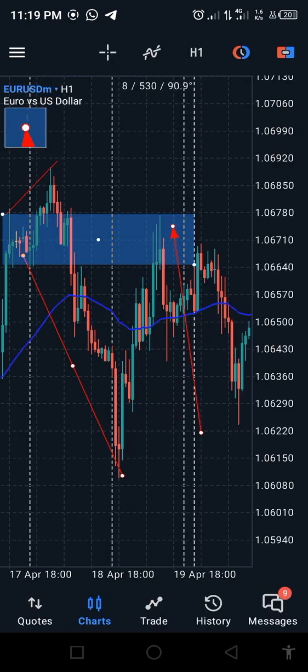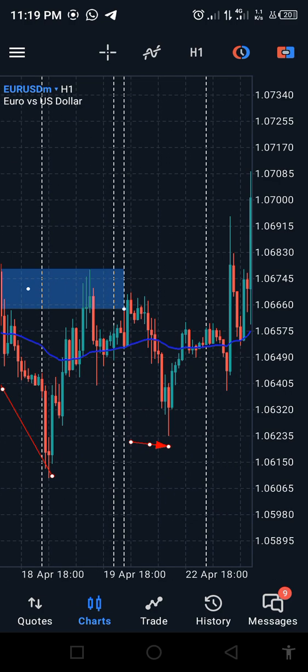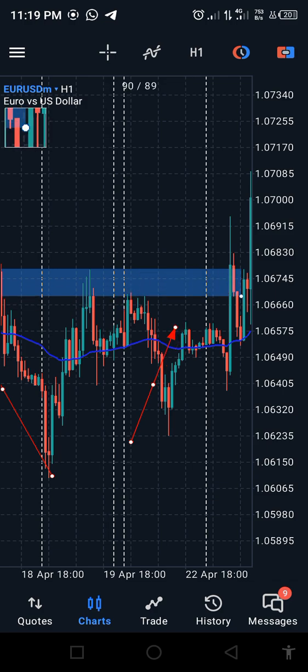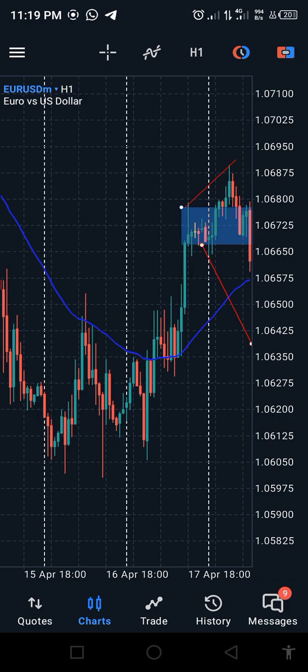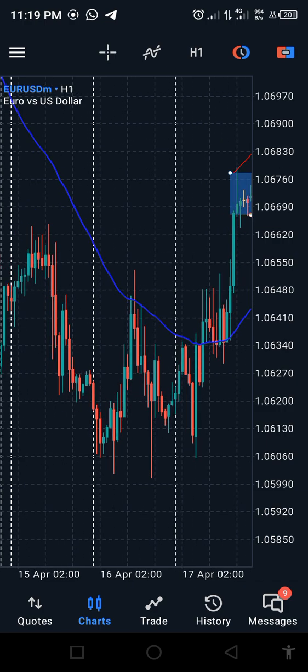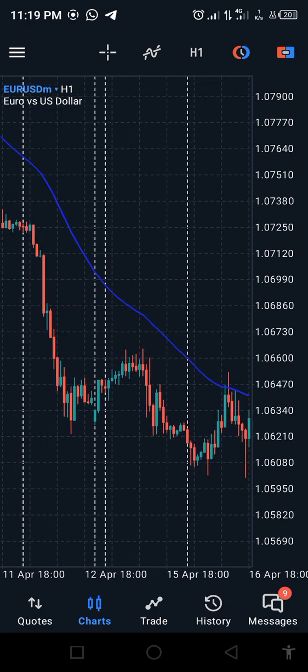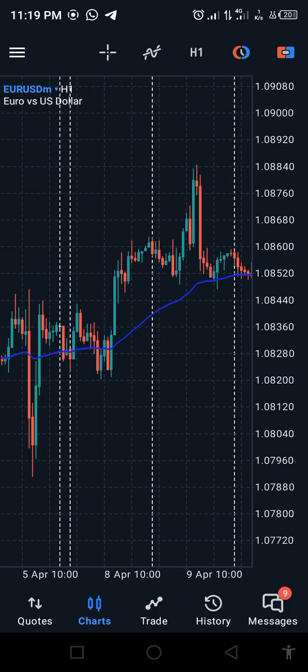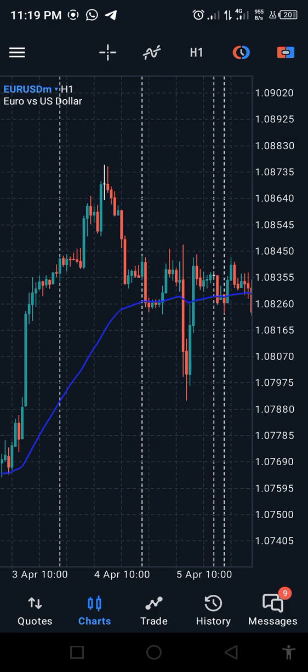So it tapped into the zone, came down, tapped the second time, came down. The third time now it just passed through, right? So that's the QM zone, guys. So we have been seeing lots of QM sell zones.